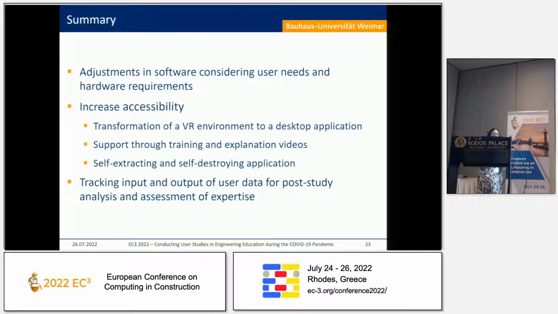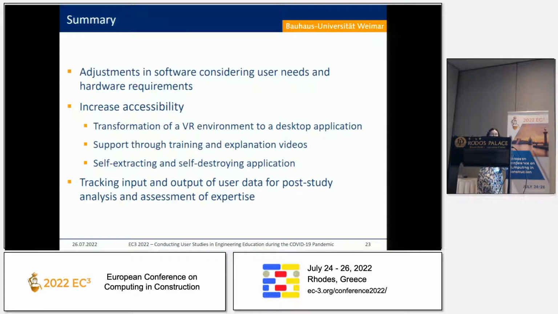As a small summary, we need to consider the user needs and their hardware requirements when we're doing these kinds of adjustments. To increase accessibility, we went from our VR environment to our desktop application.